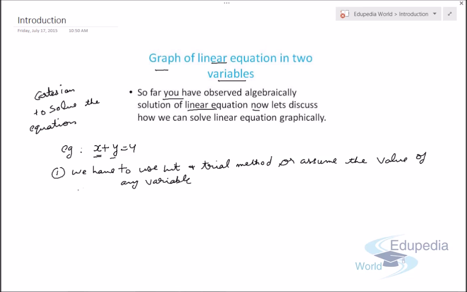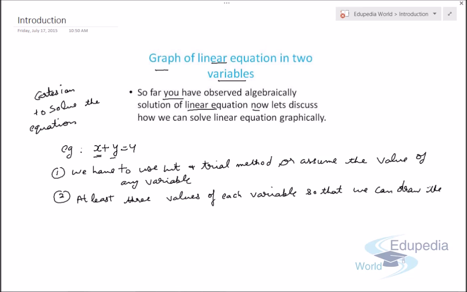Then we have to find at least 3 values of each variable so that we can draw the line. So let's discuss this example.